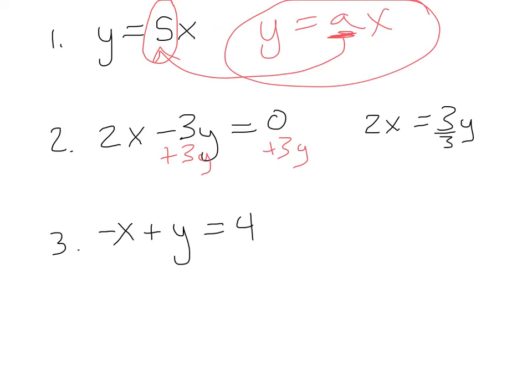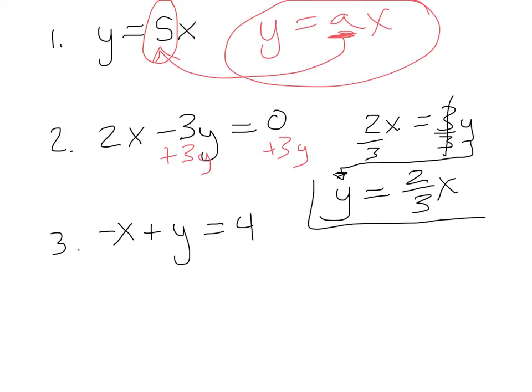So let's divide 3 on each side. And it looks like 2/3 with x is equal to y. I hope it didn't mess with your mind, the fact that I just moved the y on this side. So the constant of variation for this second equation would obviously be this 2/3, and yes, it is looking an awful lot like this equation, so it is direct variation.